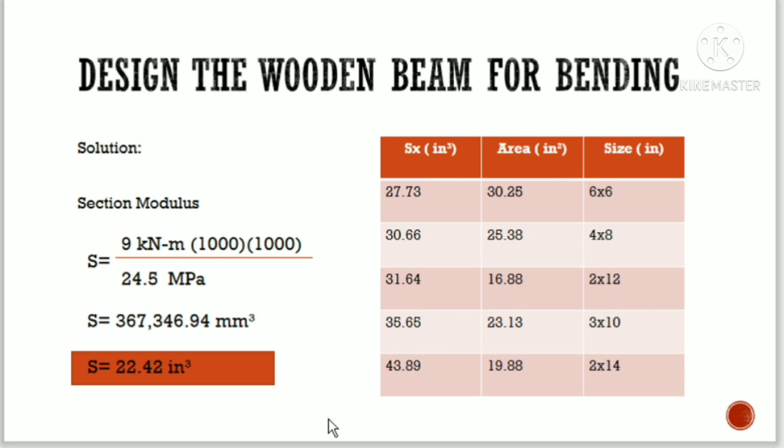The problem asks for the least cross-sectional area, so the least is 16.88 inch squared. So we're going to use the 2 by 12 inch dimension. And that is where we end.